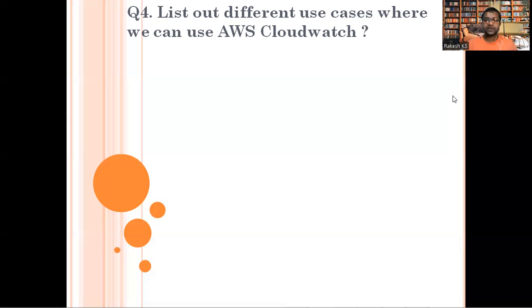Next one is testing website impacts, finding out exactly what is happening on our website and what is impacted by viewing screenshots, logs, or web requests at any particular time. These are the use cases where AWS CloudWatch comes into the picture.